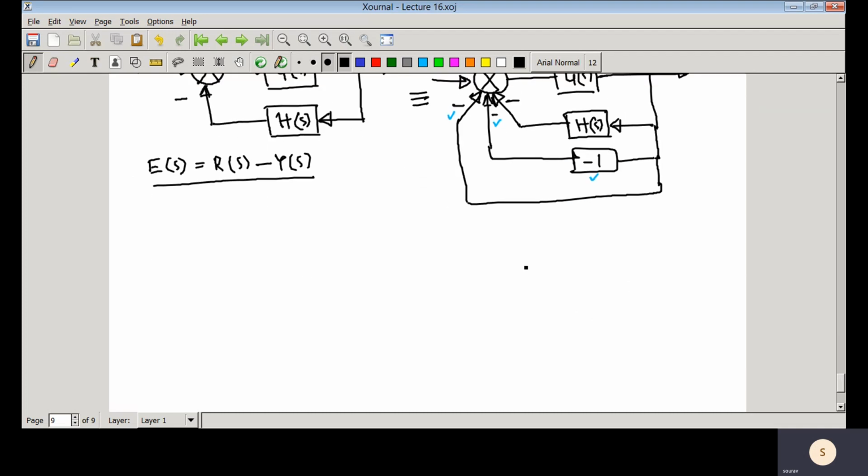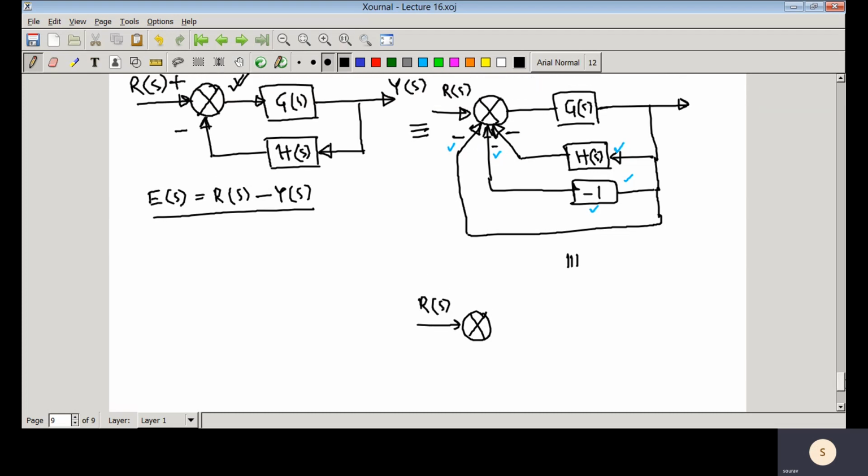So now we can see that if we combine these two, this one and that one, that would be H(s) minus 1. So we can draw this particular block diagram, that is that R(s) here.